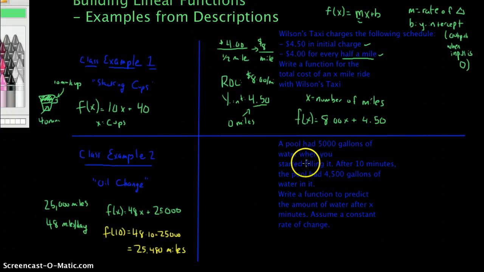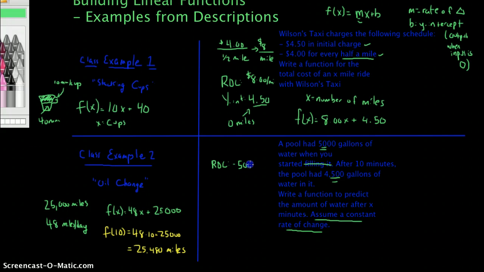In this last example, we had a pool, and it looks like we weren't actually filling it. It looks like it was leaking, because after 10 minutes, it only had 4,500 gallons. So I'm going to need to find the rate of change. We're allowed to assume a constant rate of change, so this is going to be gallons per minute. I went from 5,000 gallons to 4,500 gallons, a loss of 500 gallons.